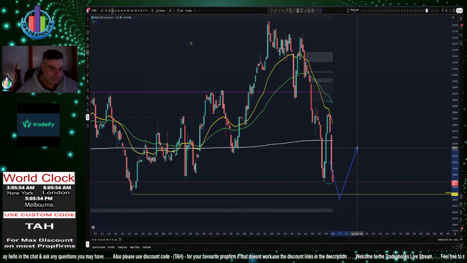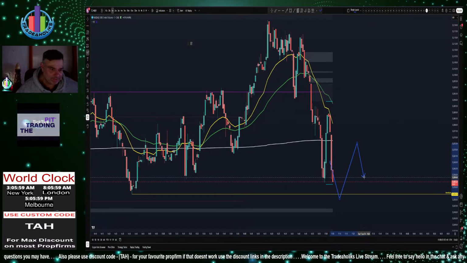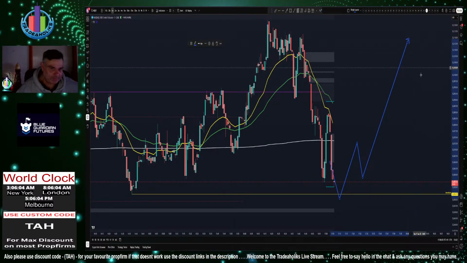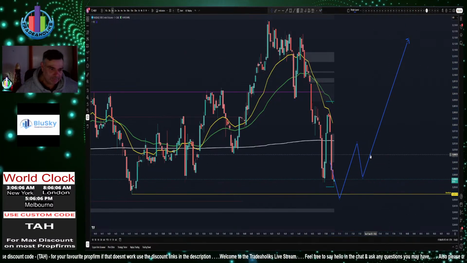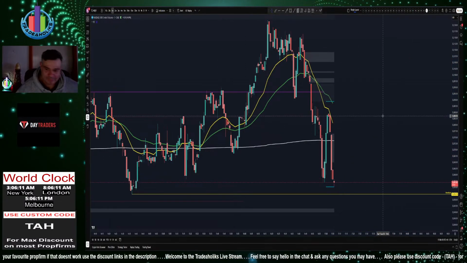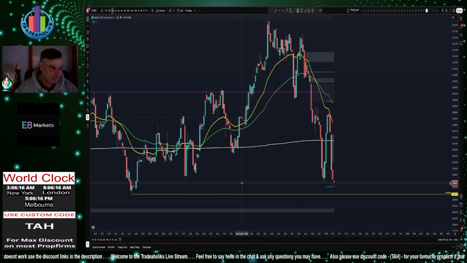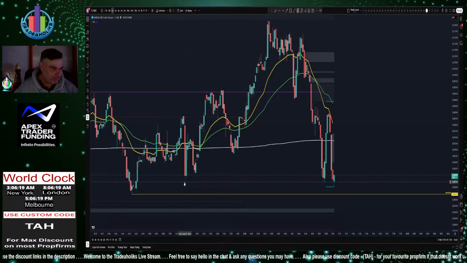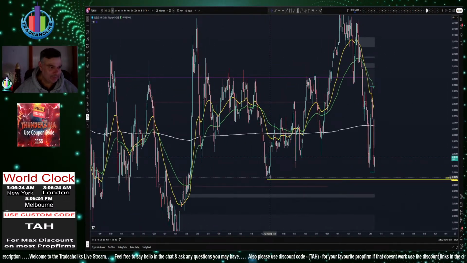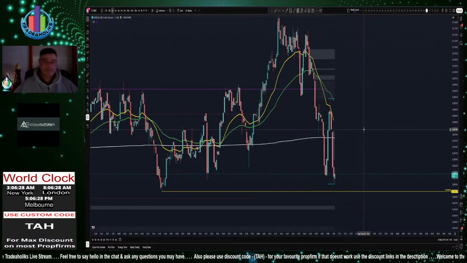Break it, retrace, leave the fair value gap in here, come back into the fair value gap, halfway in, and then shoot up to the moon. That's the plan. That's the ICT silver bullet. See, we just sort of broke that low. It'd be better if we broke that one, I think. We'll see what happens though.